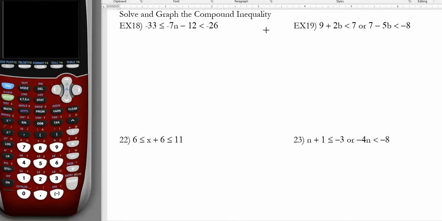Alright, now getting into some compound inequalities, and there are two that we have to deal with. You've got the one on the left in example 18, and the way we see this is we got this constant 12, so we need to add 12, but now I'm no longer saying to both sides because notice there are 1, 2, 3 pieces to this, so whatever you do to one piece you have to do to all pieces.